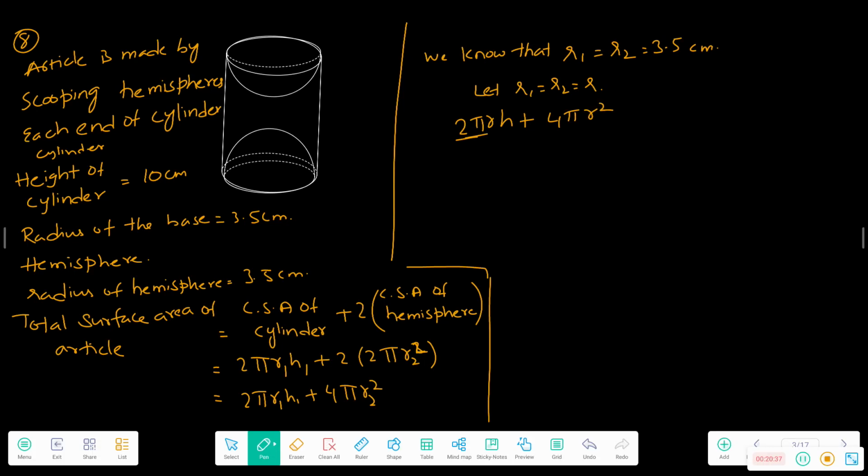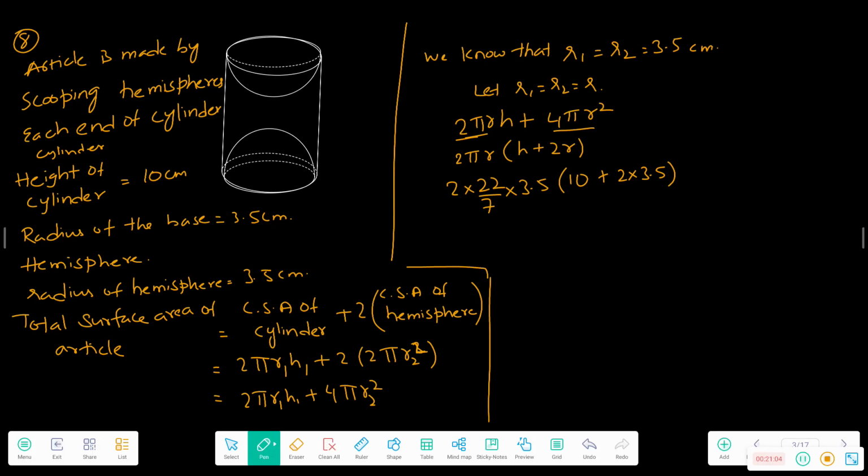So in this 2 pi r is common, so take 2 pi r as common, then it will become h plus 2r. So 2 into 22 by 7 into r value, which is 3.5, and h value we know is 10 plus 2 into 3.5.